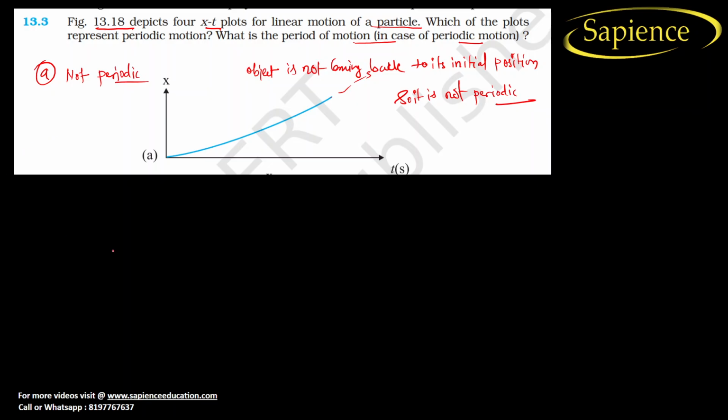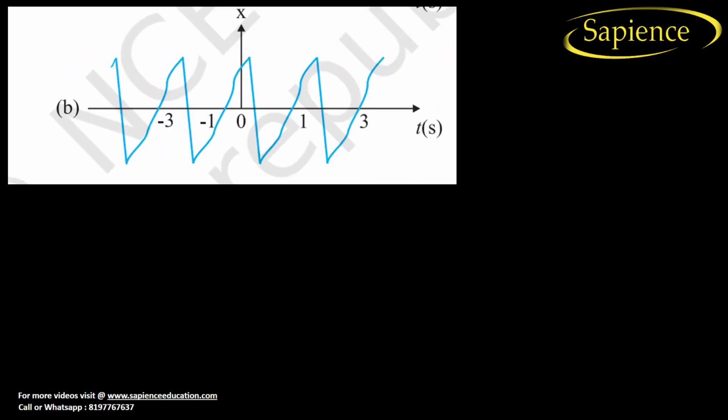Okay, so I hope you have understood this question. Now we need to find the same for part B. Is it repeating? From the figure, we see a straight line and again the same is following, straight line and the same is following. It means that it is a repeating one.